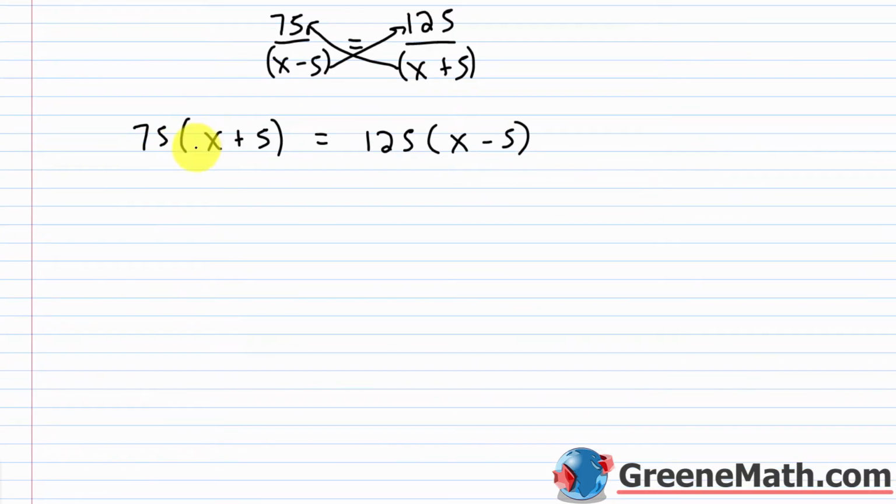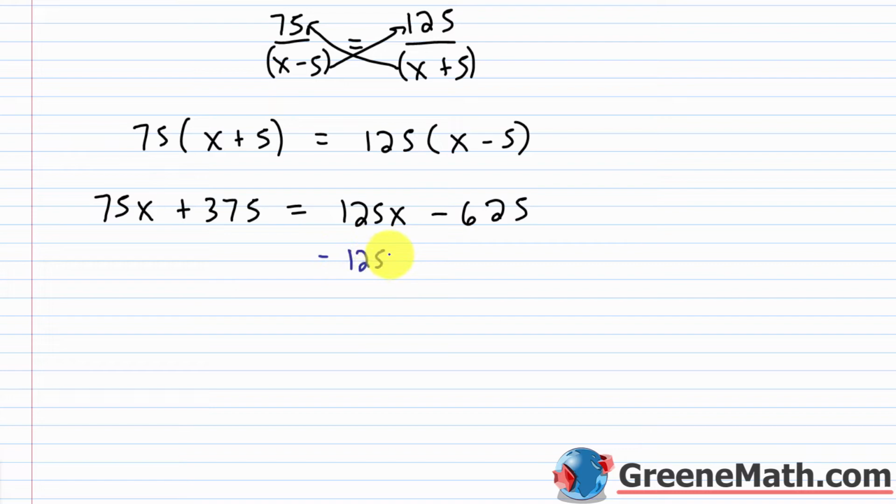All right, so 75 times x is 75x. And then 75 times 5 is 375. So plus 375. And this equals 125 times x, which is 125x. And then 125 times negative 5 is negative 625. All right, so what we want to do here, let's subtract 125x away from each side of the equation.